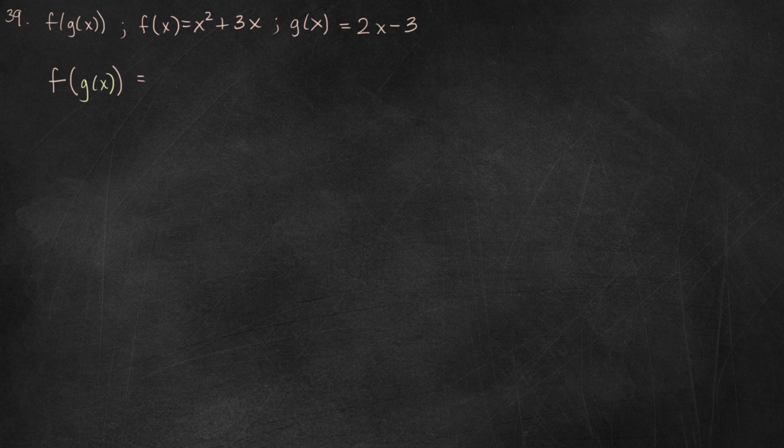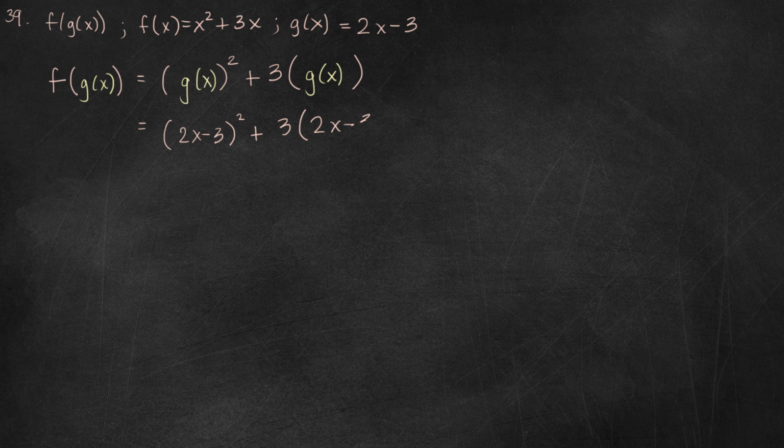Now the rule for f of x is input squared plus 3 times input. And our input is g of x. So we need g of x squared plus 3 times g of x. g of x equals 2x minus 3. So it'll be 2x minus 3 squared plus 3 times 2x minus 3.